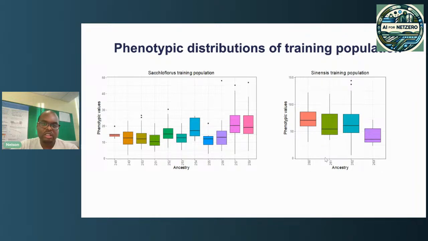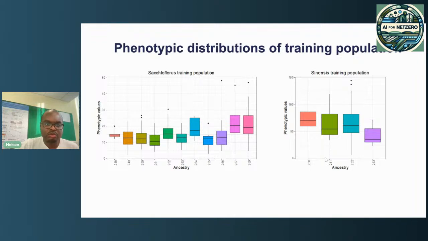So, for instance, you could see that 259 was the most spread compared to, let's say, 248 parental. And then on the right-hand side is the Sinensis population, which was very few compared to the Saclophorus population. So that's how I wanted to show how we visualize the two species.